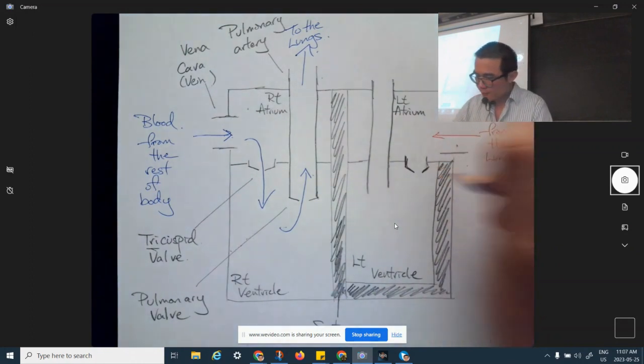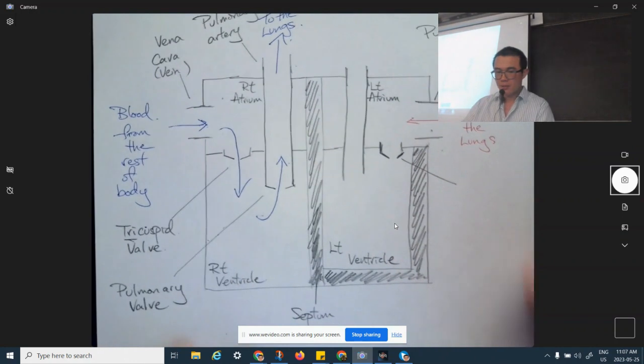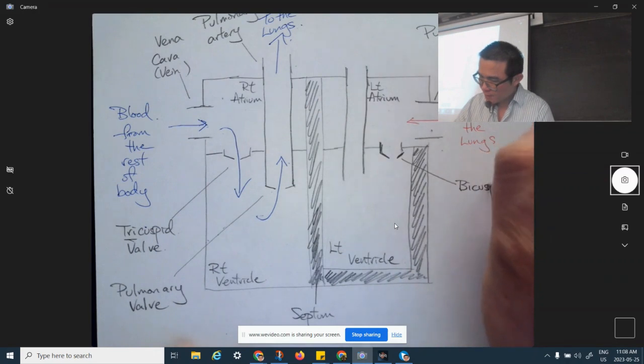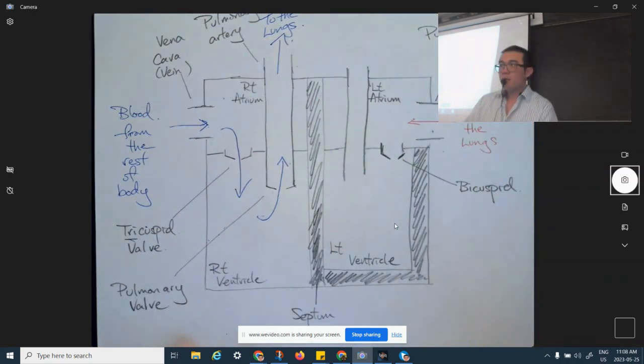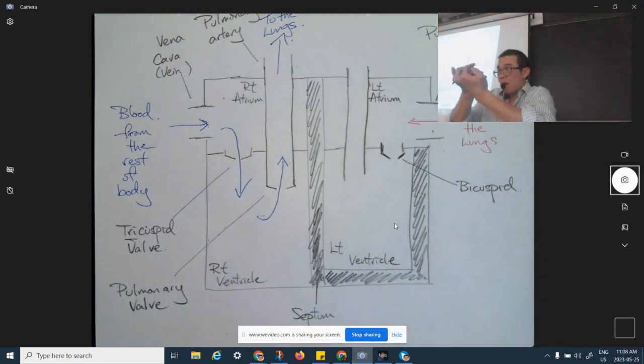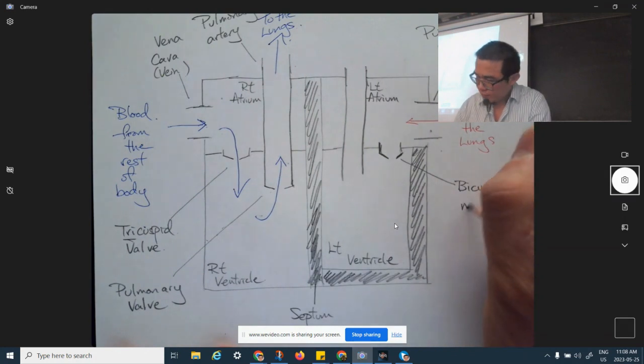Now, this valve here has two possible names. You can call it either bicuspid valve, because it is really two cups. If you look at it, it's like two cups. Or mitral valve.